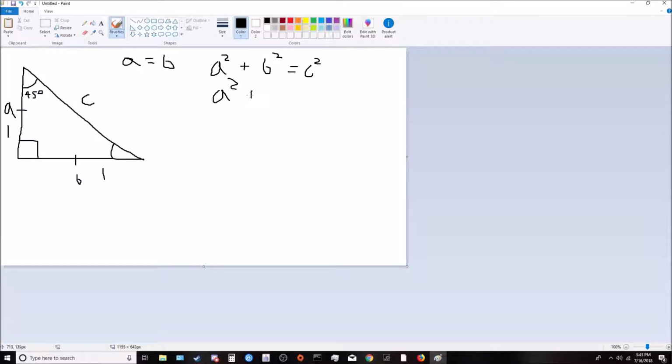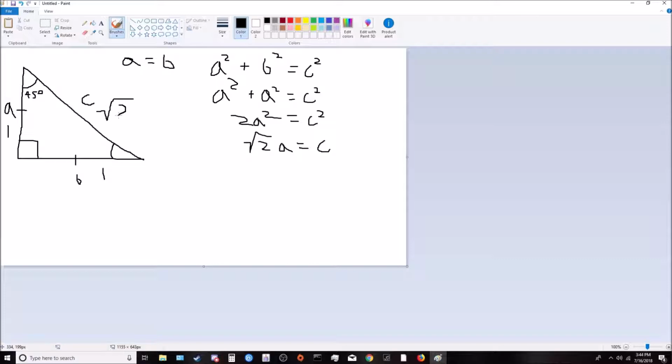You end up with a squared plus a squared equals c squared, or in other words, 2a squared equals c squared. If you take the square root to get rid of these powers, you end up with root 2 times a equals c. Therefore, c equals root 2 times side length a, or side length b, since they're both equal to one another.